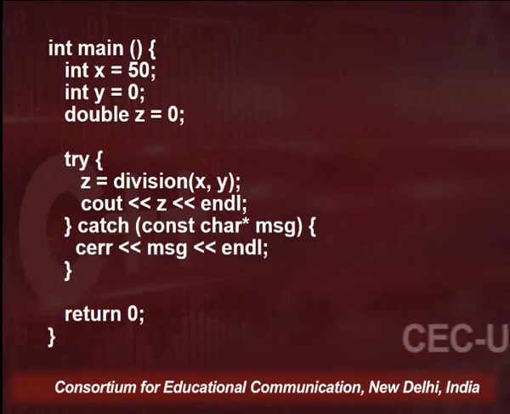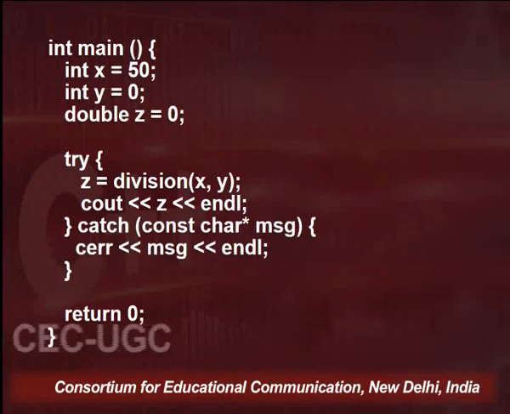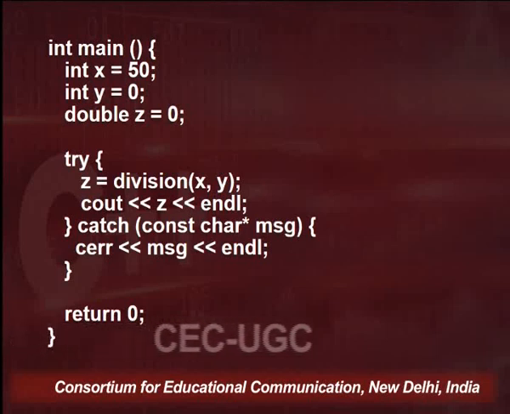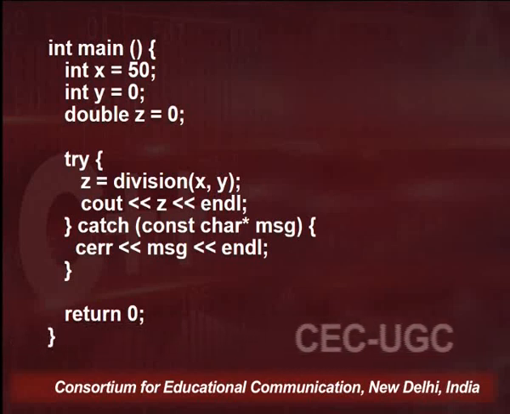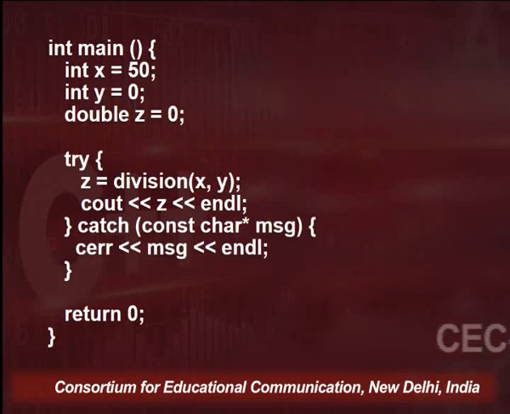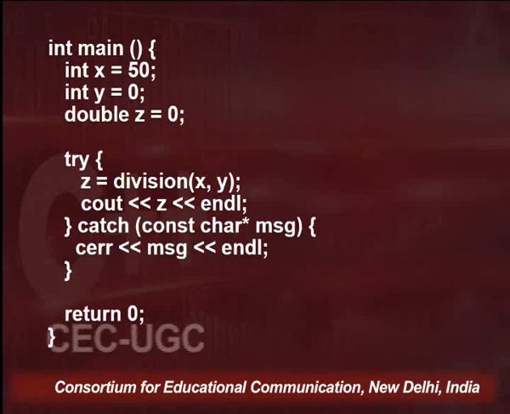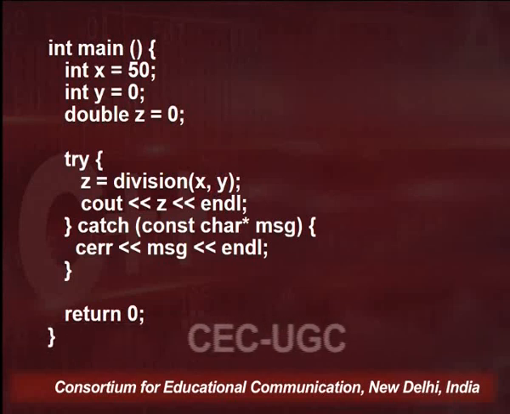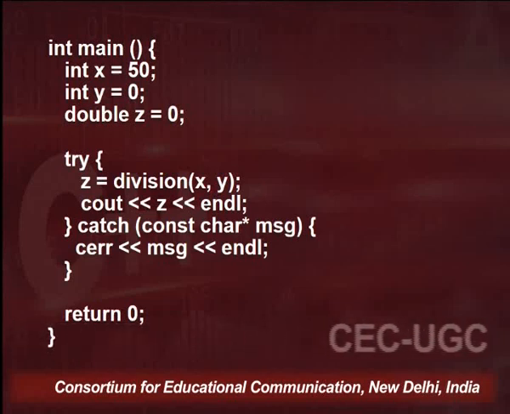Whenever the message "division by zero condition" is printed on the screen, your program is getting a clean exit, because it is going to execute this return 0, a formal closing of the main function.